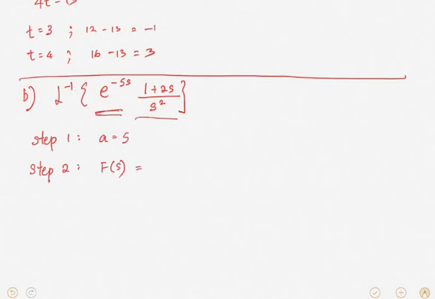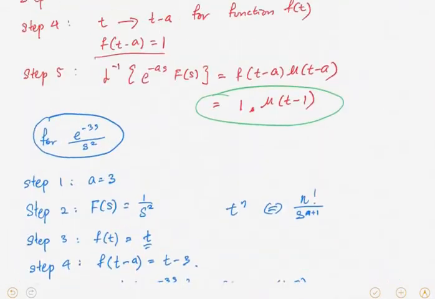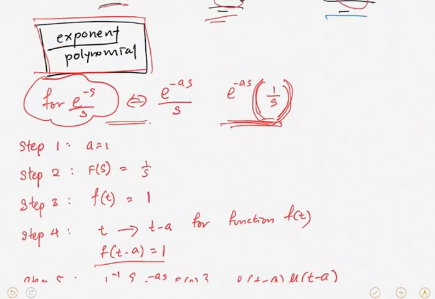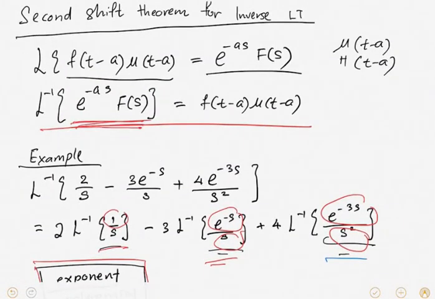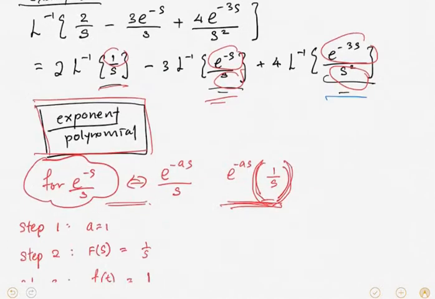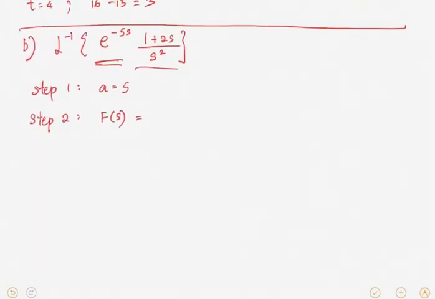As I told you before, if you use this formula, exponent negative as times F(s), you already have this part, so F(s) is the remaining part. So F(s) is 1 plus 2s over s squared.